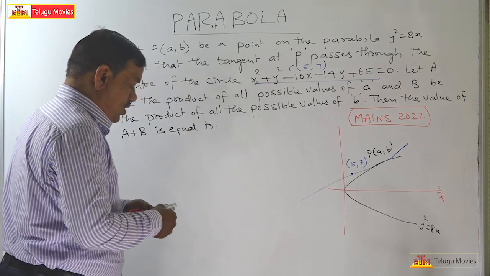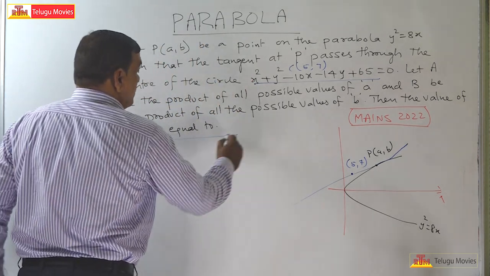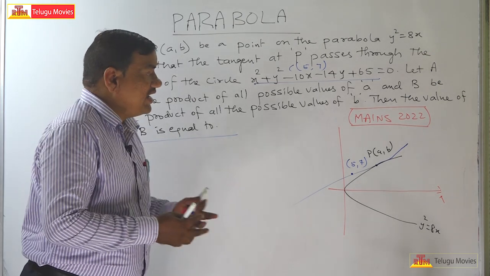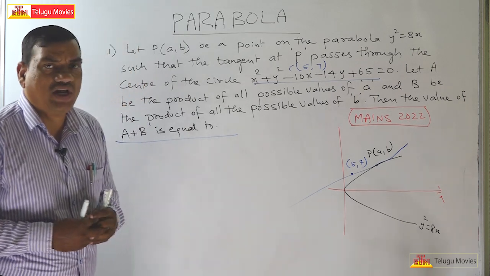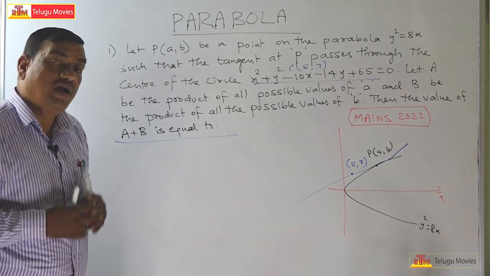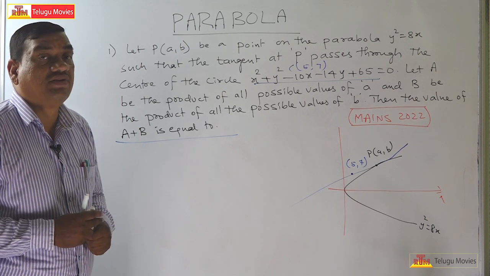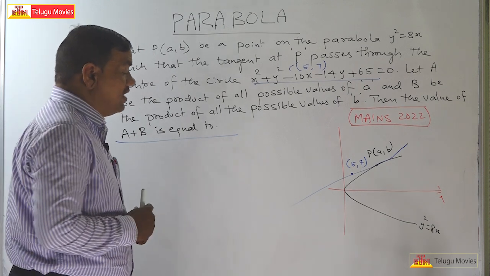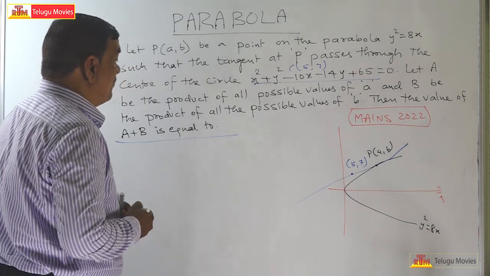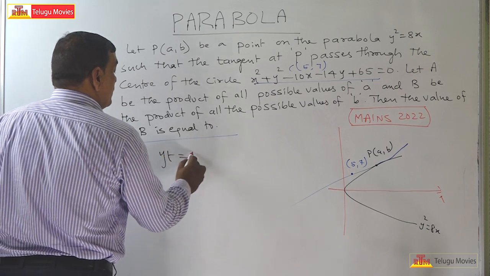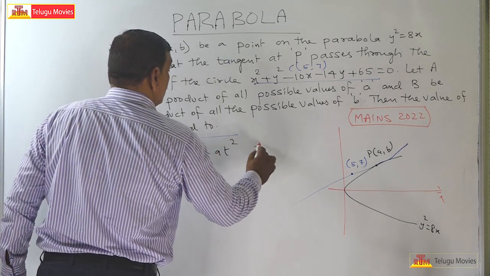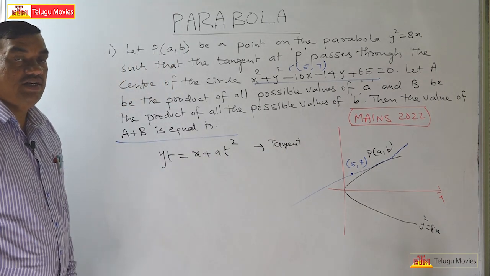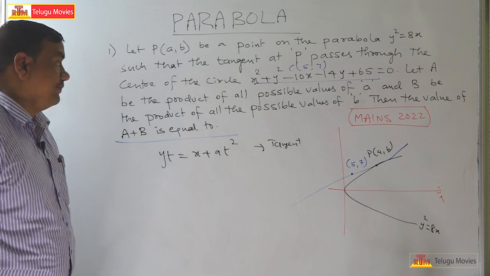Very easy problem. First of all, what is the equation of the tangent at P? Here we can take it as S1 equal to 0, but if you go with parametric equations, the problem will be very easy. What is the equation of the tangent in the parametric form? yt is equal to x plus at square, the equation of the tangent at t.